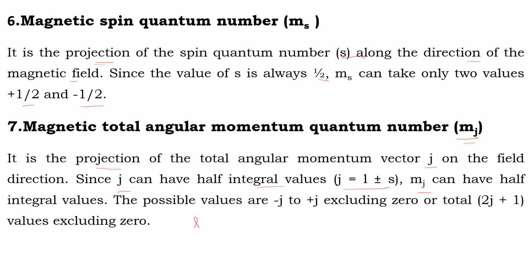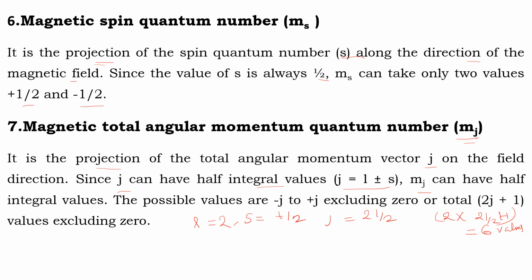For example, if L is equal to 2 and S is equal to plus half, then j will be 2 and a half. Then mj can have a total of 2j plus 1 values, that is 2 into 2 and a half plus 1, that is a total of 6 values.